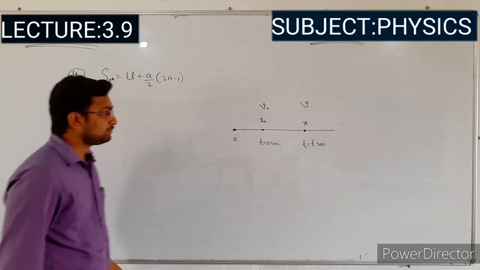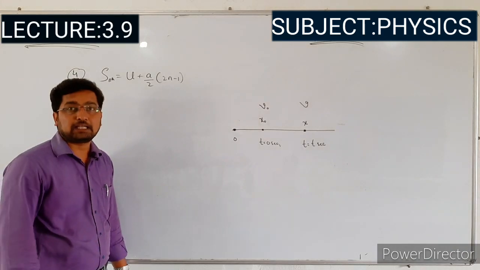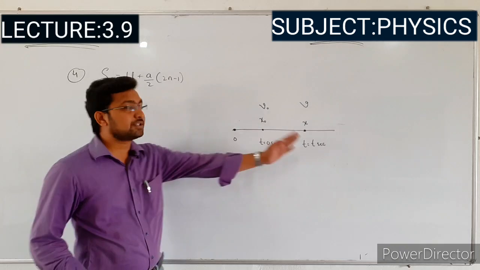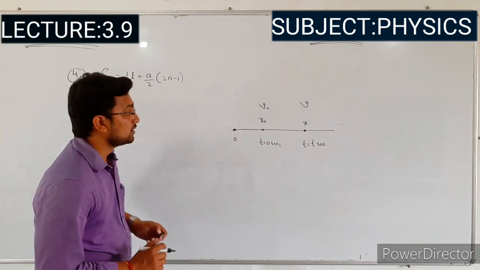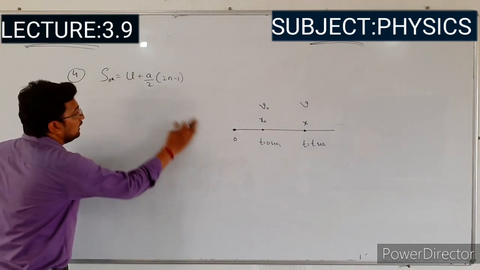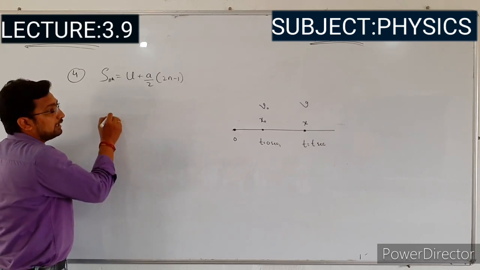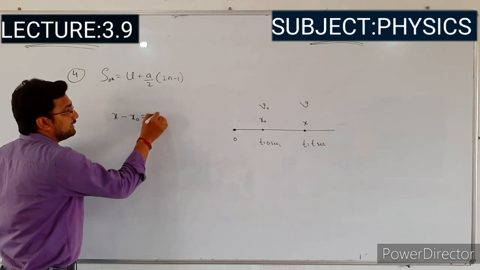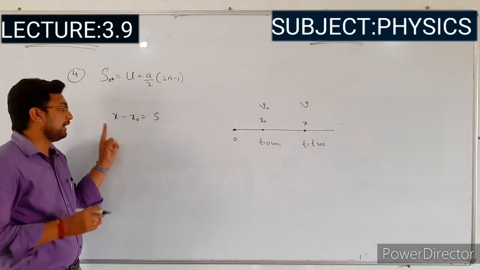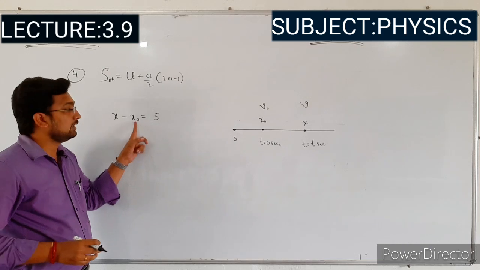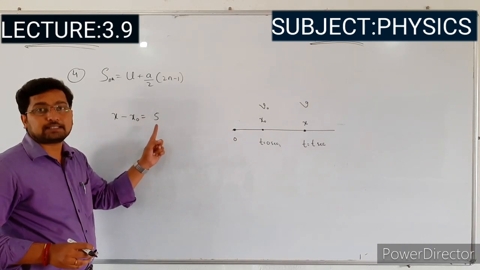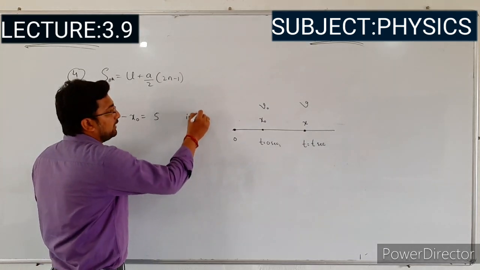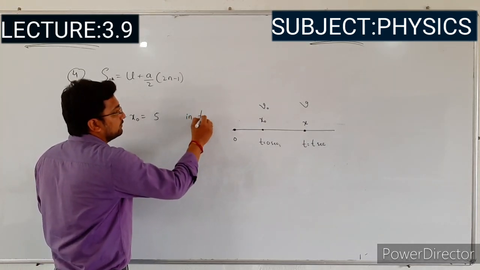So the displacement of the particle in t seconds, displacement means final position minus initial position, right? So the displacement of the particle in t seconds is x minus x naught, that is s, in the time interval of t seconds.